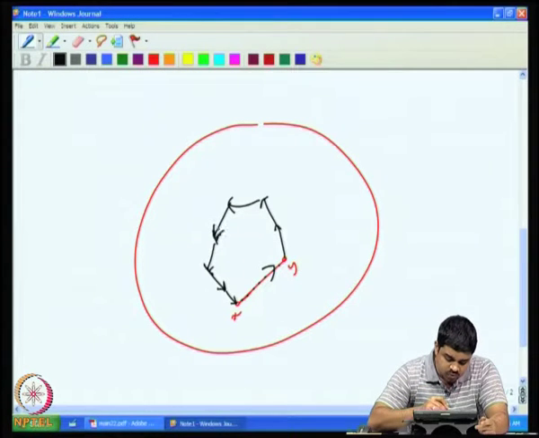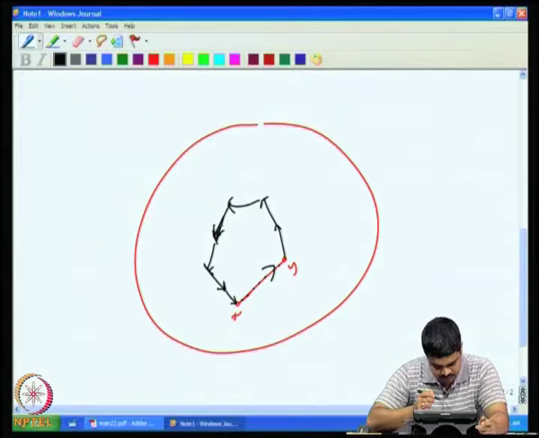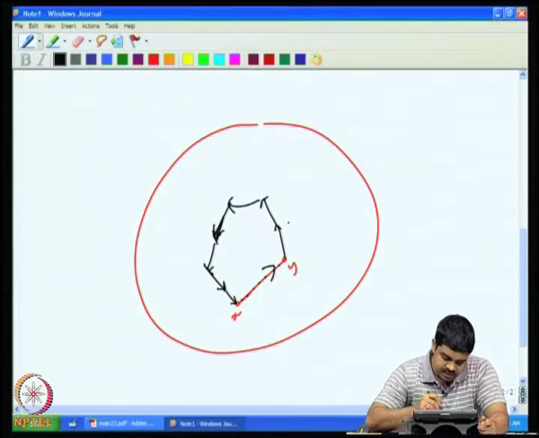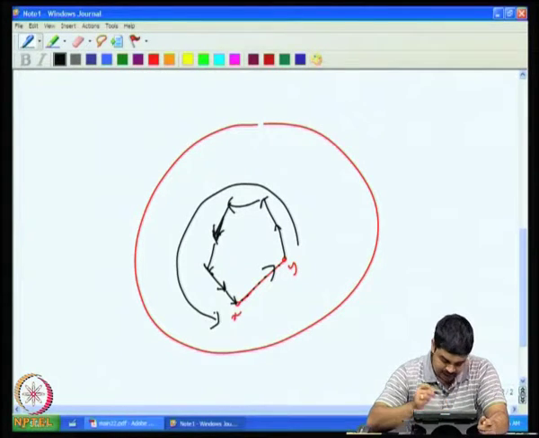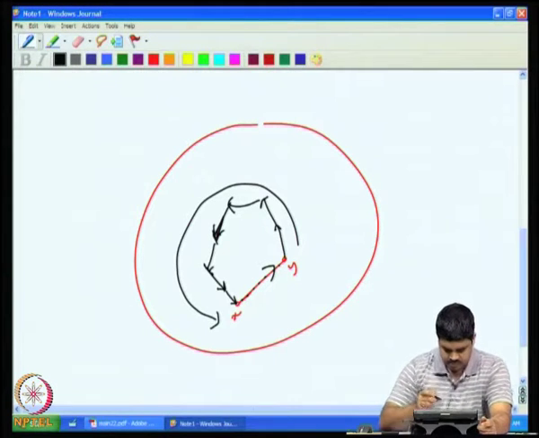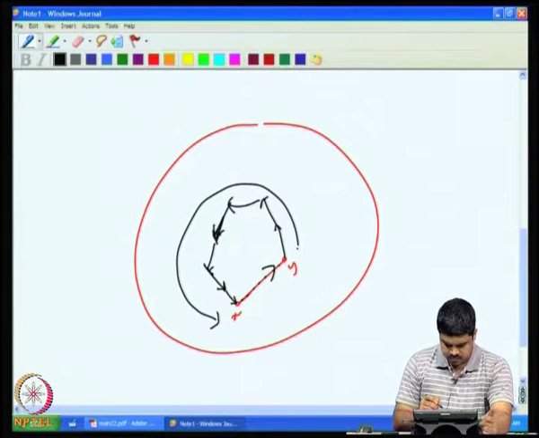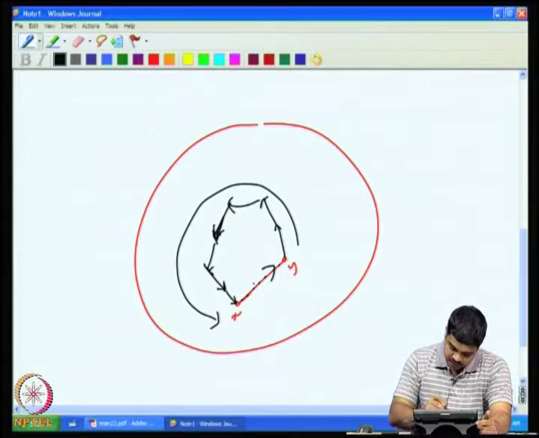So, now let us see. This directed path is definitely there, such that if xy is added to D dash, then this cycle will come. That is why xy is outside.